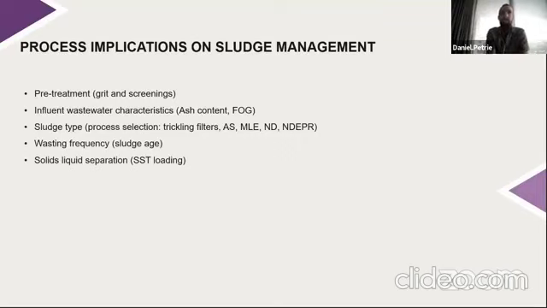And then depending on how you operate your solid liquid separation step in your liquid stream wastewater treatment plant, that will impact on how thick the sludge is that comes up either from your membranes or from your SST, your settling tanks. And that's obviously going to impact on how your thickener performs and how your dewatering performs and your drying step.